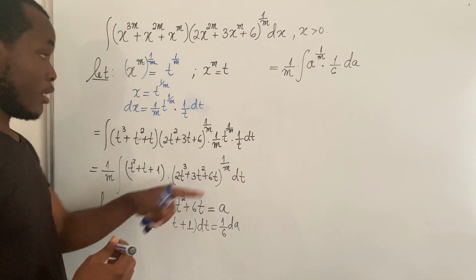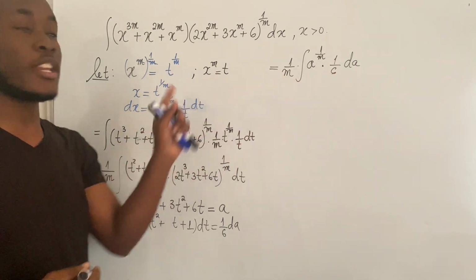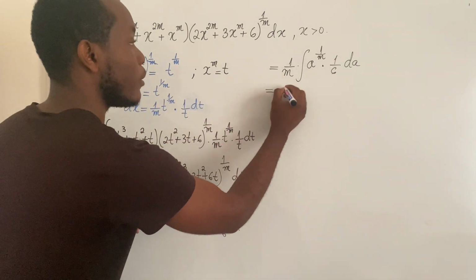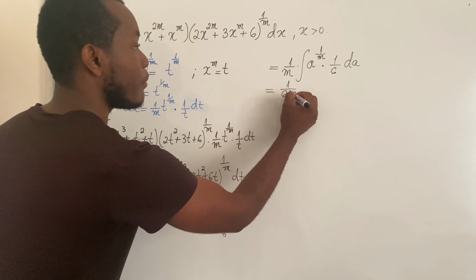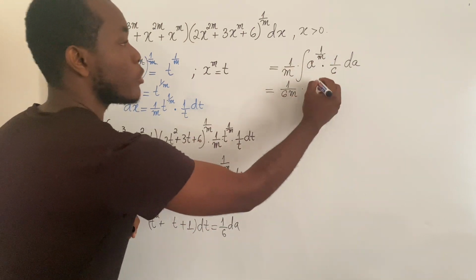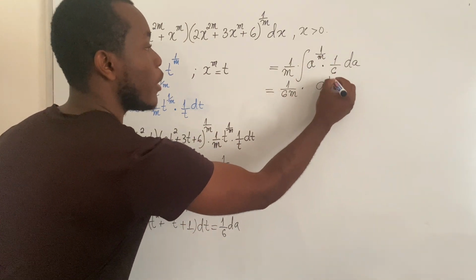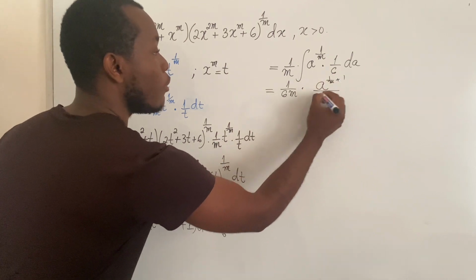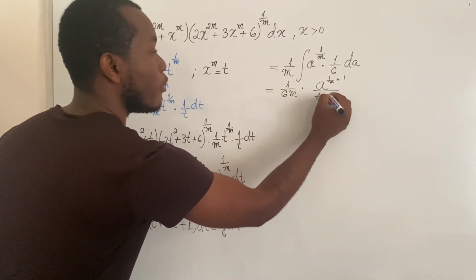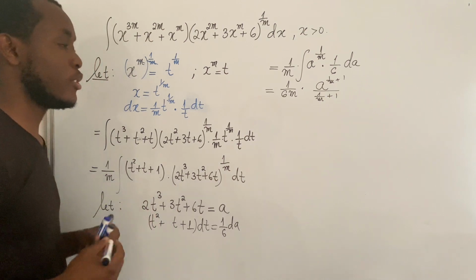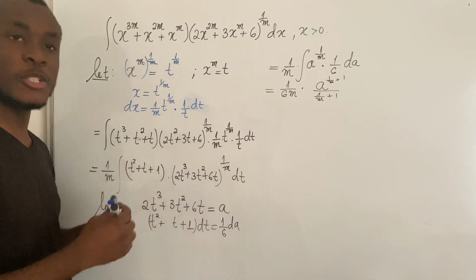So this 1 over 6 can come outside, so we're going to have 1 over 6m, and the integral of this expression is going to be times a to the power 1 over m plus 1, over 1 over m plus 1. So it's getting interesting. It's very easy, this problem.